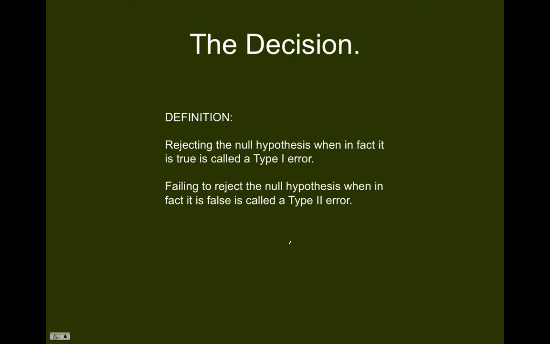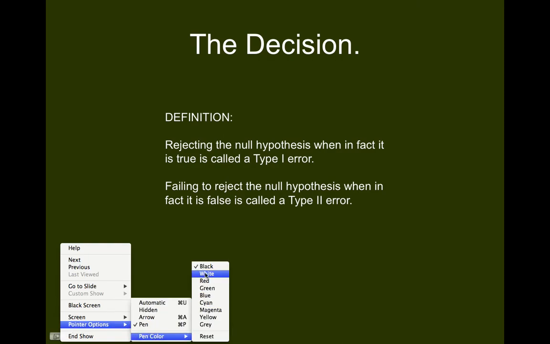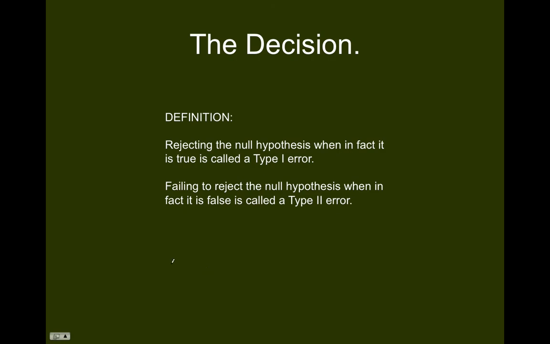Now in the textbook, there's a nice table I'm going to draw here. I think it is another visual way of looking at type 1 and type 2 errors. So in statistics, it's kind of tricky because we have two things going on, really. We have the decision. I'm going to change my pen color because I think white shows up better. If you have an opinion, send me an email.